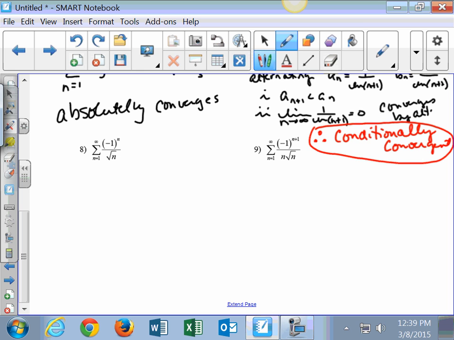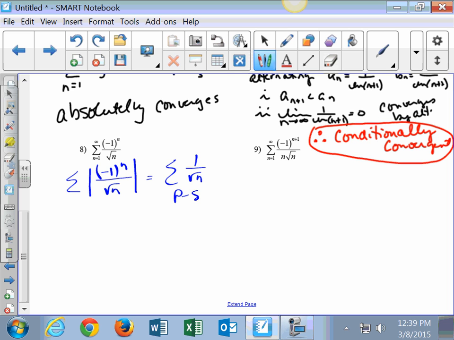The absolute value of this series will look like the summation of the absolute value of negative 1 to the nth all over the square root of n. And when I take the absolute value, that alternating part is just going to fall out. So I get 1 over the square root of n. Well, we all know what that is. That's a p-series where p is less than 1, so it's going to diverge.